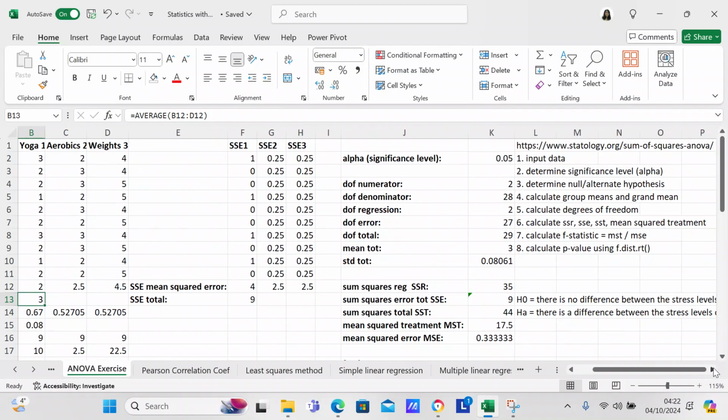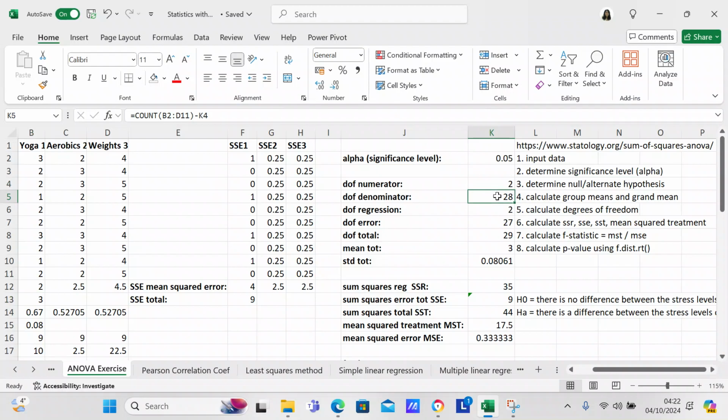And then after you calculate the means and the group means, you calculate your degrees of freedom. So you check the DOF numerator. It's going to be the columns minus 1. So it's going to be B2 to D2, and then you subtract 1 from that. Then we check the DOF denominator.